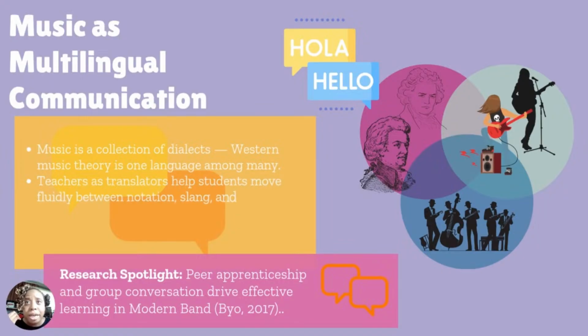Our students come to us already speaking their own musical language that's already shaped by a lot of popular styles, but by centering classroom learning around students' musical expressions, their slang, or the cultural terms that they use, we build confidence and agency. This foundation is going to make it much easier later on to introduce Western music concepts because the theory becomes another dialect in their growing vocabulary rather than an alien system.